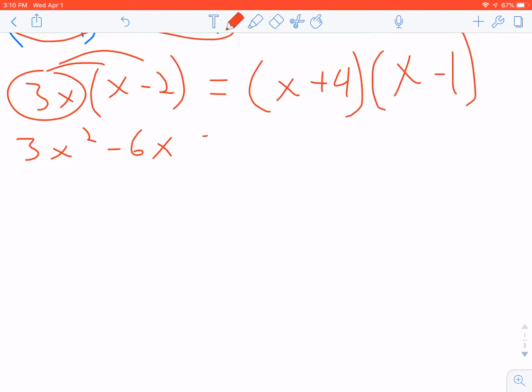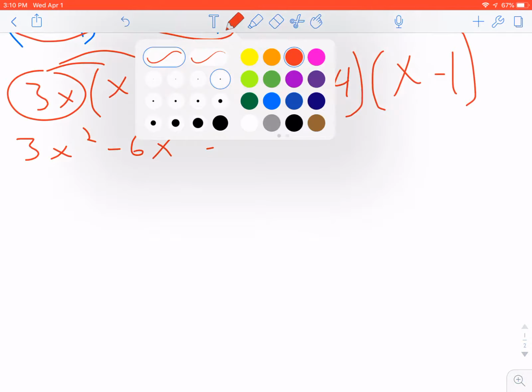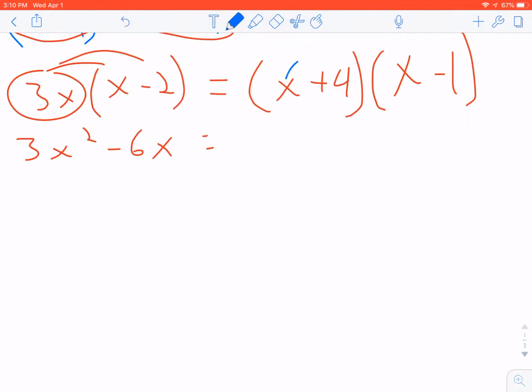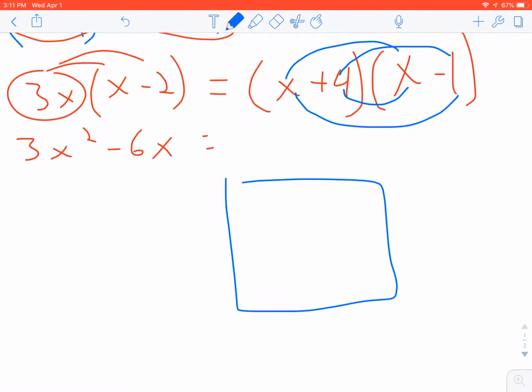That's easy. Okay. The right-hand side, on the other hand, you have two choices. You could FOIL first, outer, inner, last, or I think a lot of you guys are starting to get comfortable with what I call the box method before we took our little break.